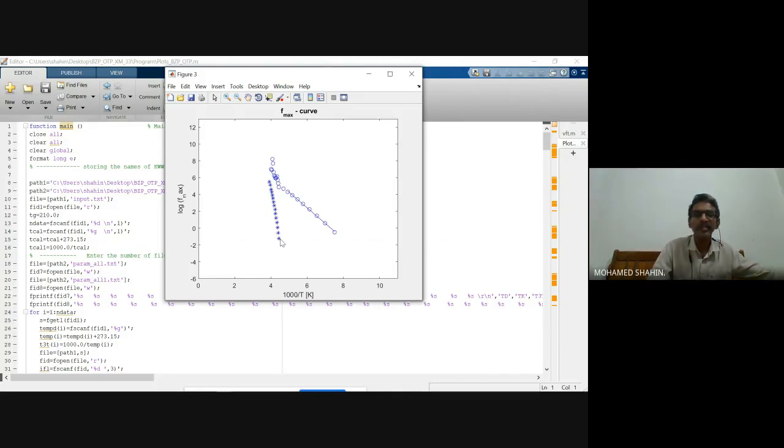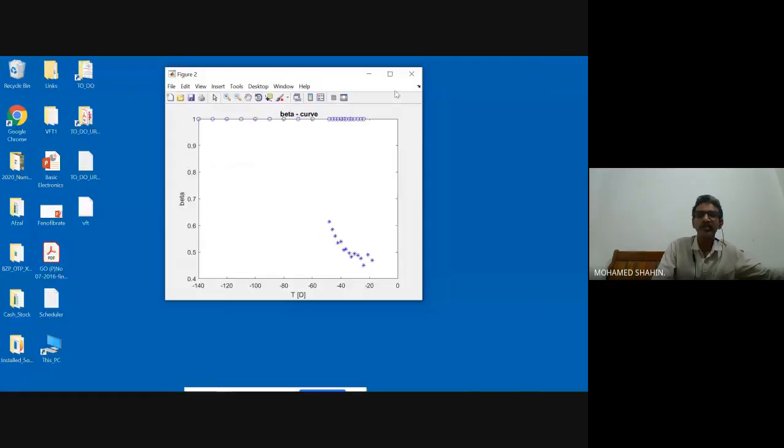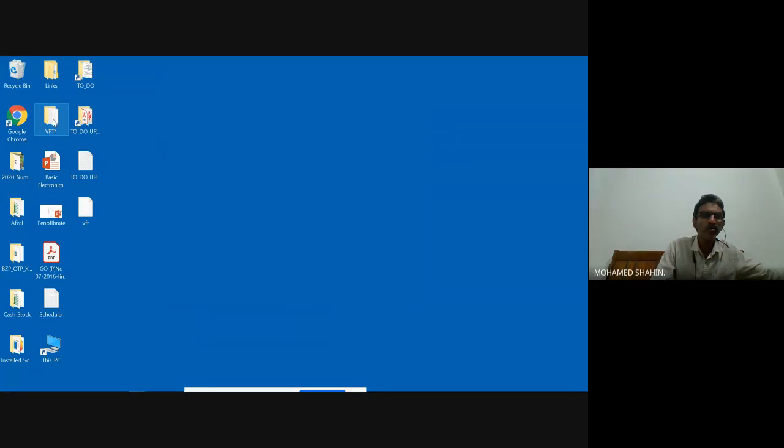Now you fit it with a Angell diagram, then VFT, then you flip it and normalize it to Tg, then you will get some more understanding. I'll go to a program and I'll tell you what it does.